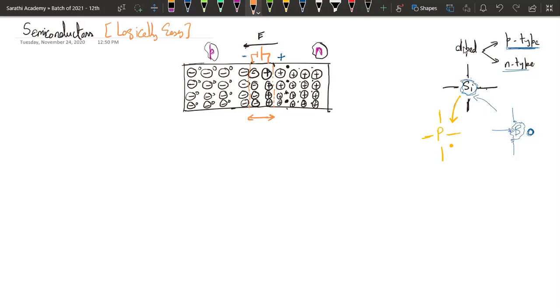So this is called the potential barrier. We call it depletion layer also, या potential barrier बोलते हैं. ठीक है. And this depletion layer has some potential difference associated with it, which is called the height of potential barrier.